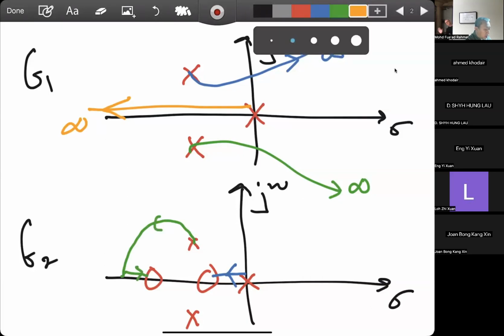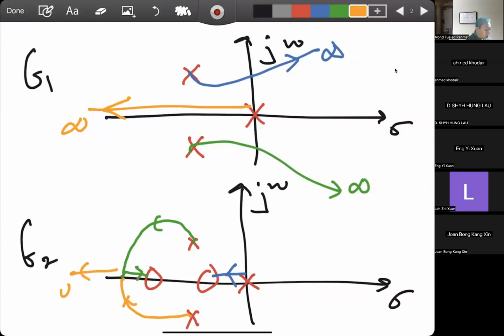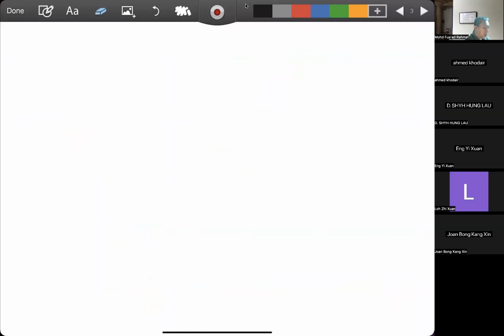The other one goes here and ends at infinity. And of course, we have a break-in point over there. Can you see my drawing? Guys, can you see? Yes, doctor.